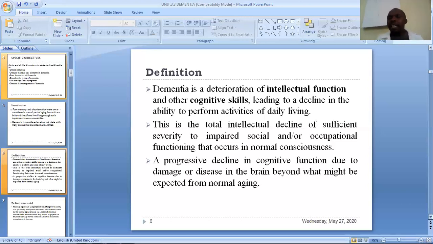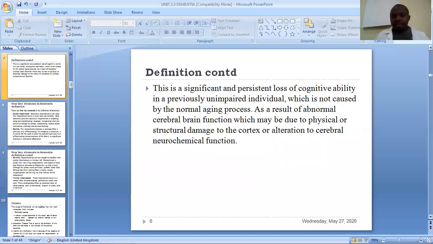So the key terms there are that someone with dementia will have deterioration in intellectual function and the other cognitive skills. This will lead to someone now failing to perform the activities of daily living.